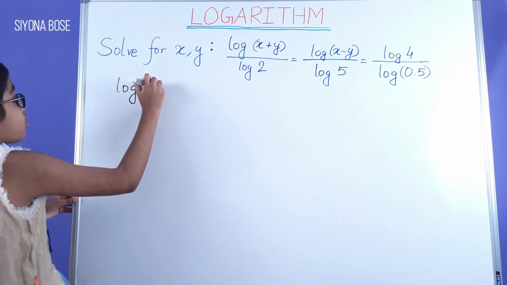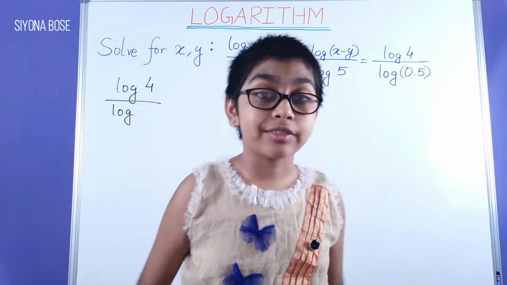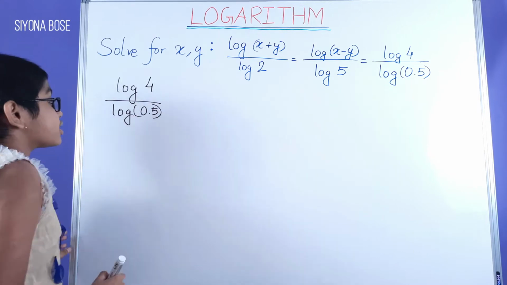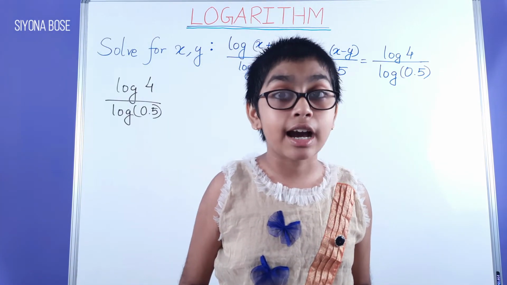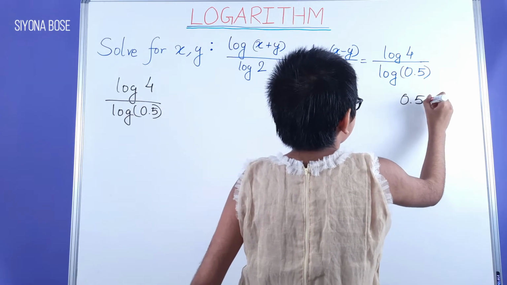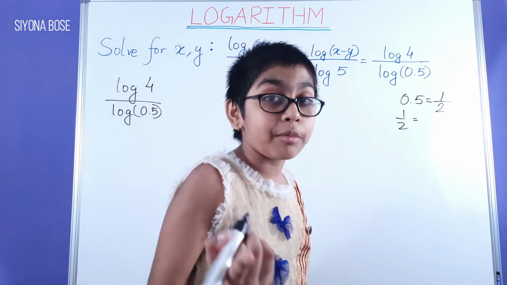Firstly, log of 4 by log of 0.5. 0.5 is nothing but half, and half equals 2 to the power minus 1.